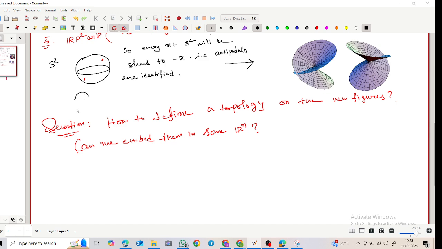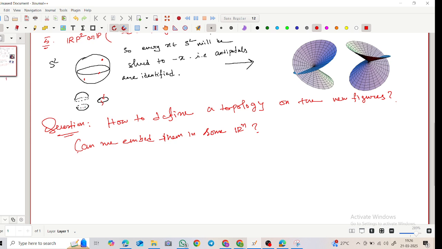Okay. And you keep the boundary here. Understood? You keep the boundary here. I mean, I have taken this circle apart from outside of S2.